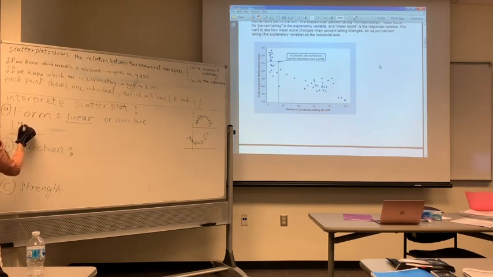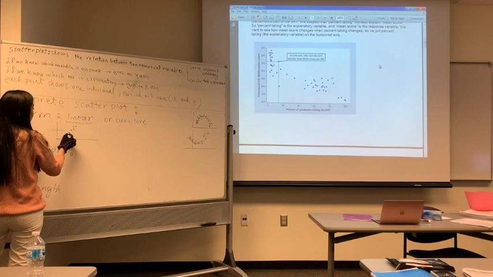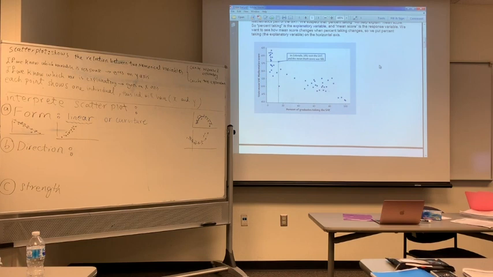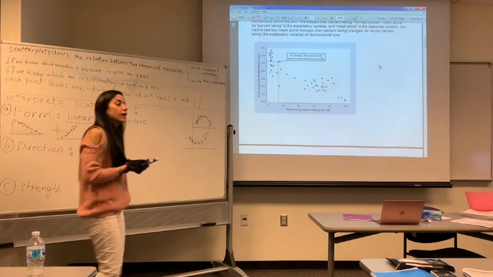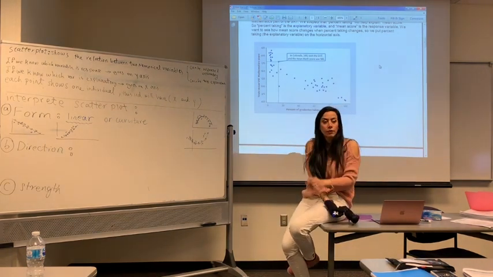And let's say this is the easier example of linear form, because you can pass a line, a straight line, through all the points, okay? And then we may have something like this. So there's a difference between these two. But at least if I ask you what is the form, you can say form is linear for both of them, correct?